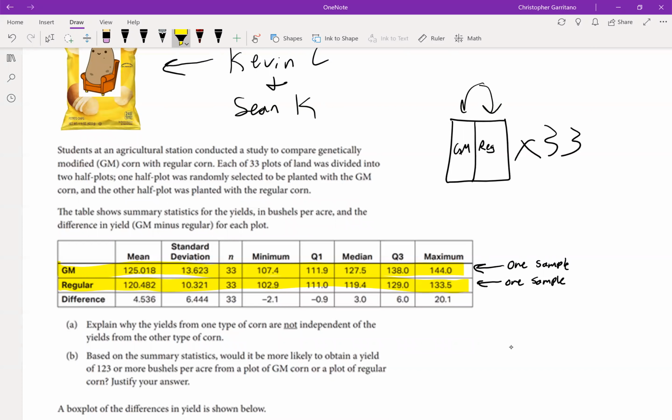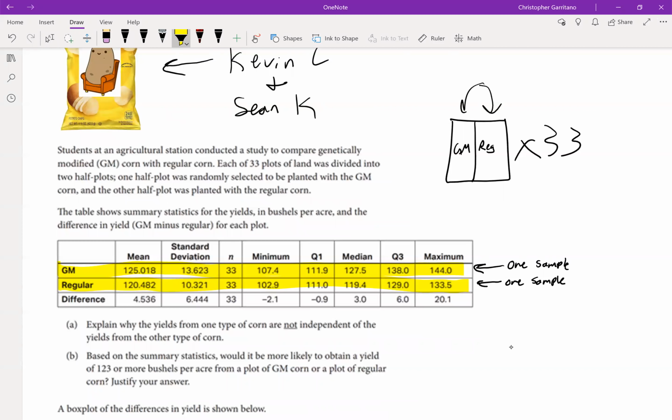Each of these had sample sizes of 33. The thing is, we're not told anything about the populations. We don't know that necessarily the population of genetically modified yields would be normal or otherwise. We're not told that the population of regular yields would be normal or otherwise. We're not given any information about the populations at all. Okay, so just keep that in mind.